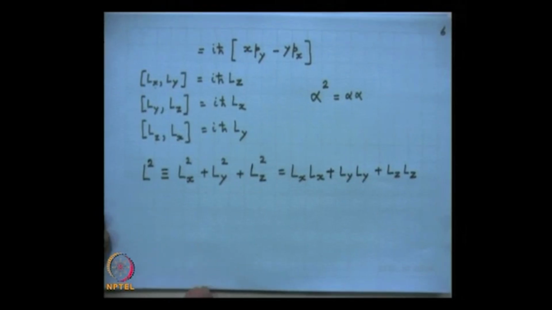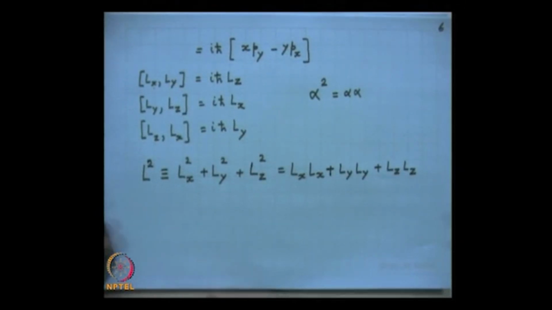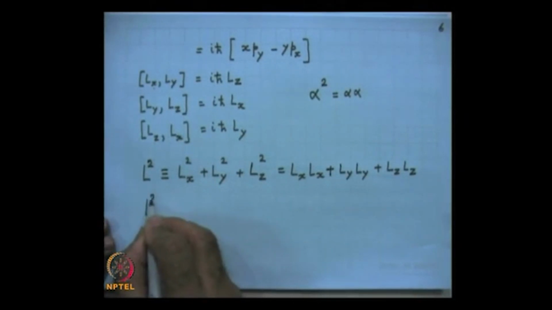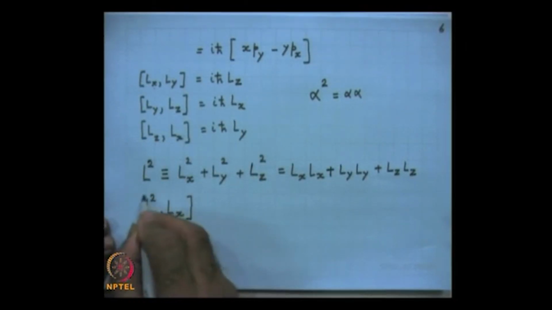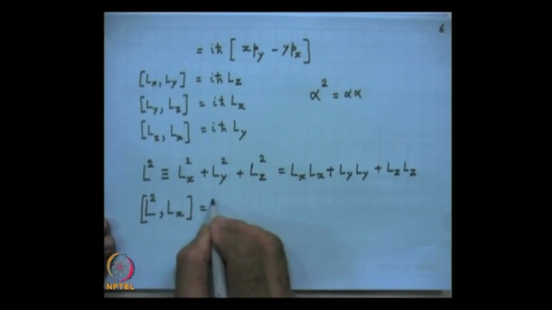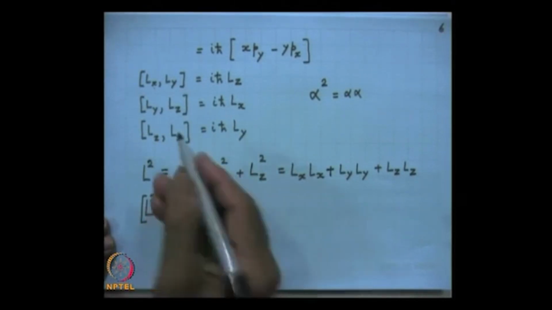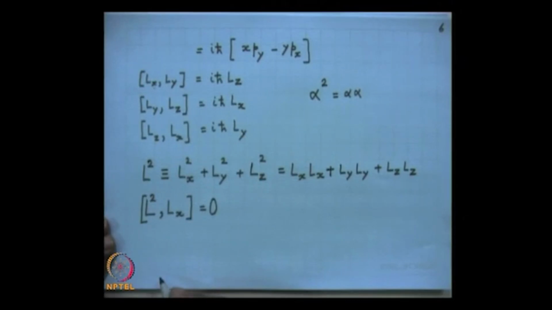I will show that L square commutes with Lx, and because there is nothing sacred about x, L square also commutes with Ly and L square also commutes with Lz.